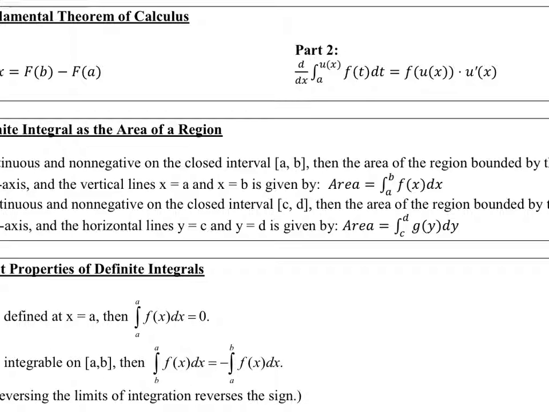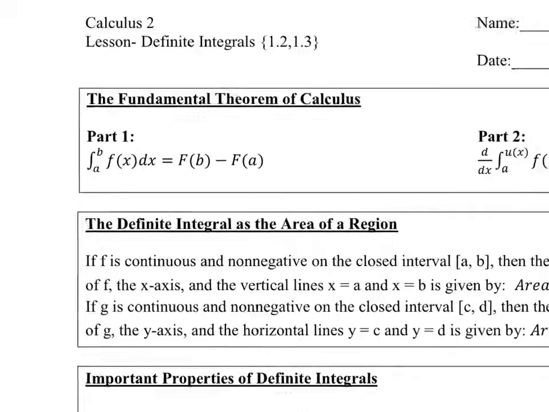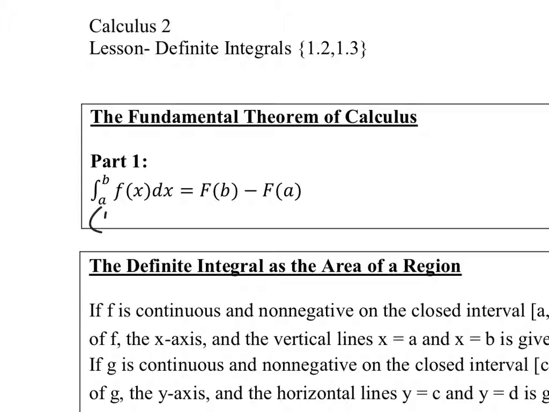All right? Definite integral is an area of a region. That's really why we're after this particular topic, because what the definite integral over an interval gives you is the net area over that interval.